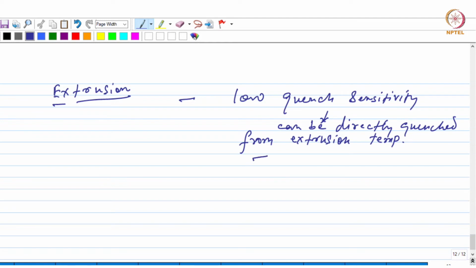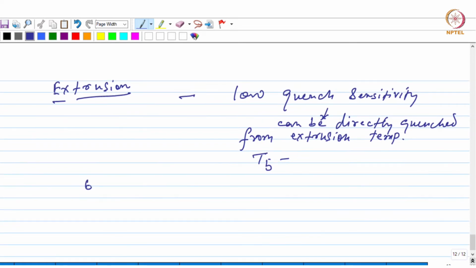That means these are used in T5 condition. Right, if you remember, the T5 temper is quenching from a high temperature manufacturing process, which is extrusion in this case.